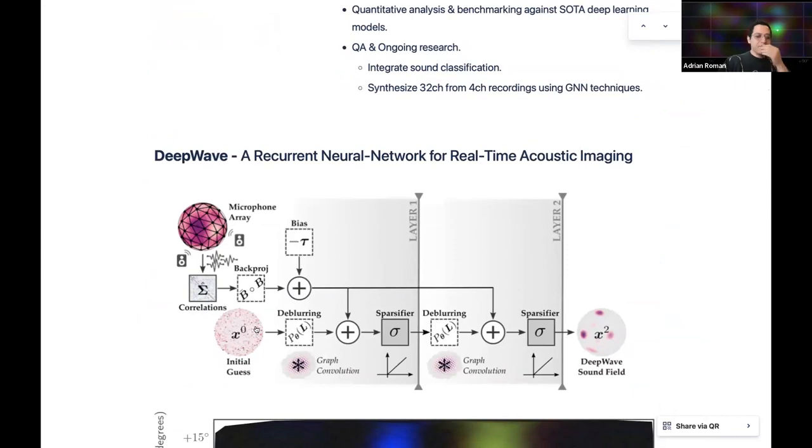This initial guess will be the last step from the previous 100 milliseconds. Yeah, it makes sense. I'm pretty sure this will also make the model even more robust to changes in moving sources, silence, and so on. Yeah, absolutely.